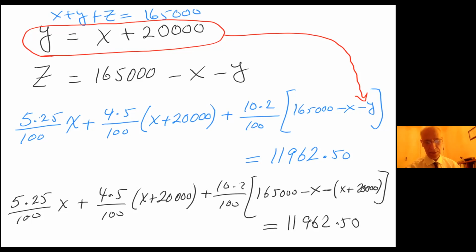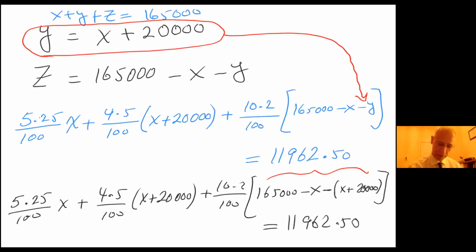So let's simplify inside of this bracket, and I'm going to multiply both sides of this equation by 100, simply because I don't like to deal with fractions too much.